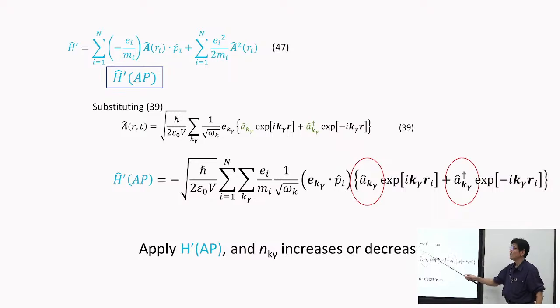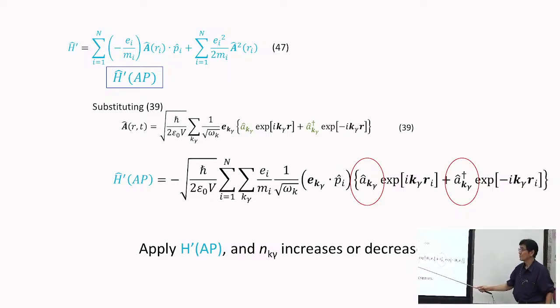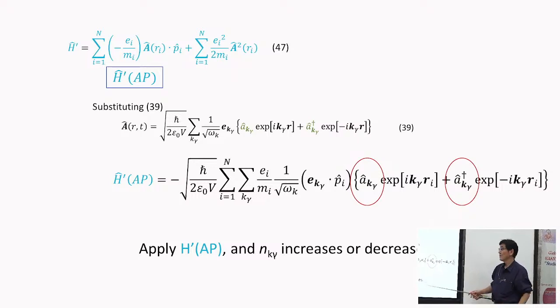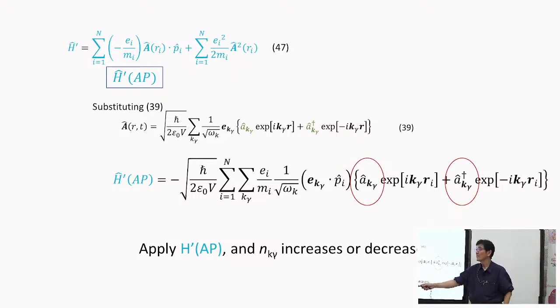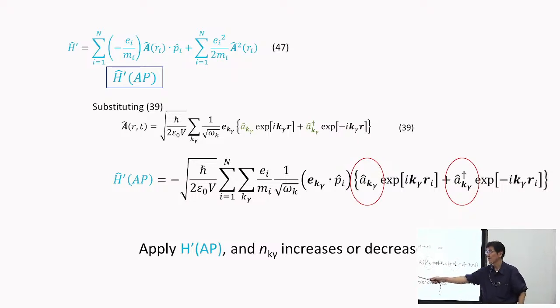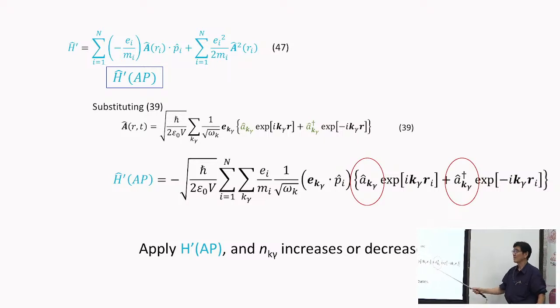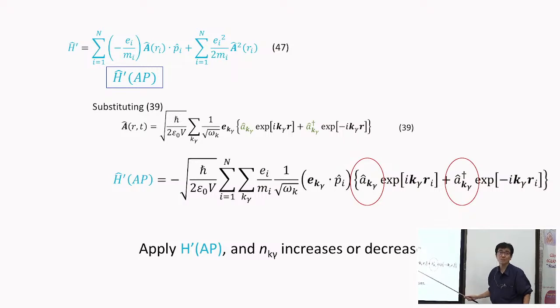Then we get H prime A·P, the first term, like this. Because A includes a creation operator and an annihilation operator, H prime A·P also includes a and a dagger. You know, a and a dagger affect the number of photons in the radiation.